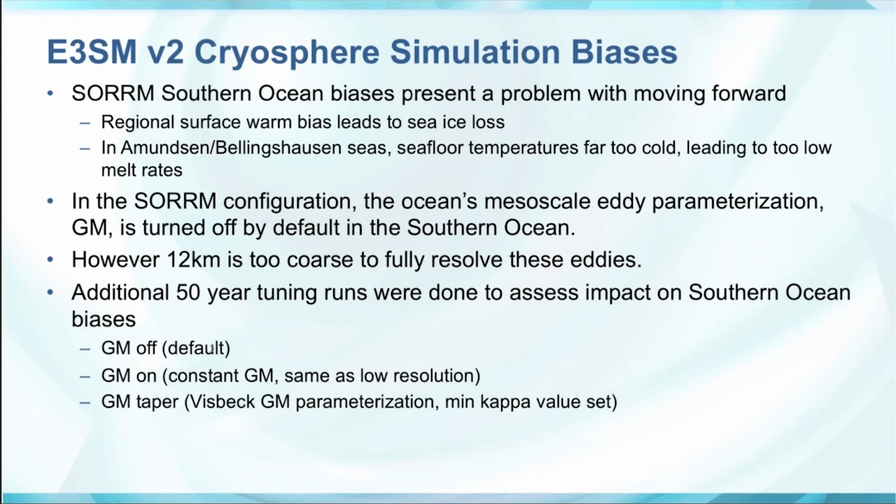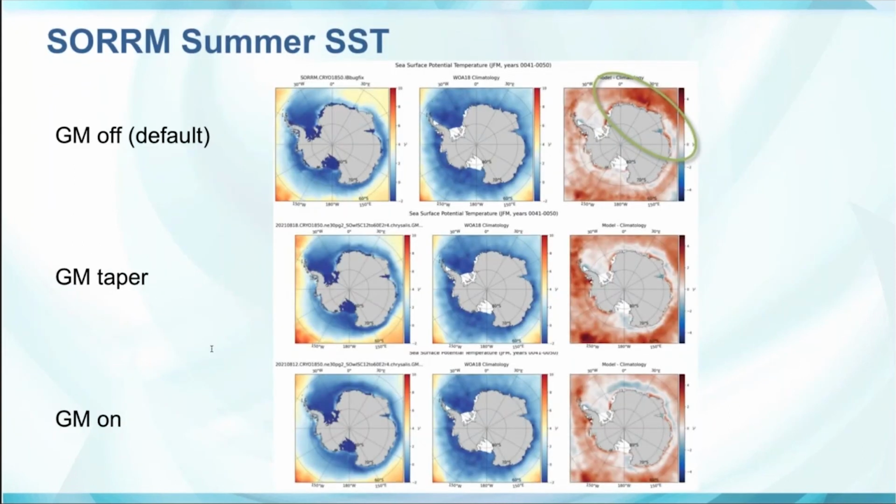Well, we've already seen the GM off results, but the SORM configuration with GM on is going to look very similar to the low resolution simulation. And this, what I'm going to call GM taper, is providing a middle ground between the two, which is exactly what we're after.